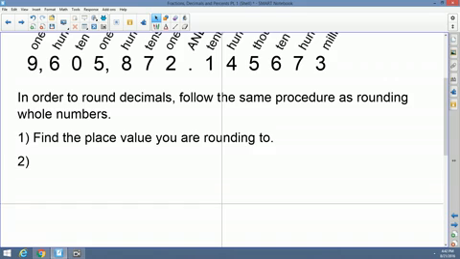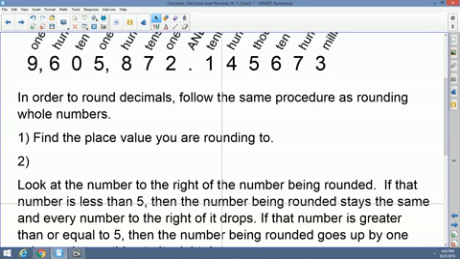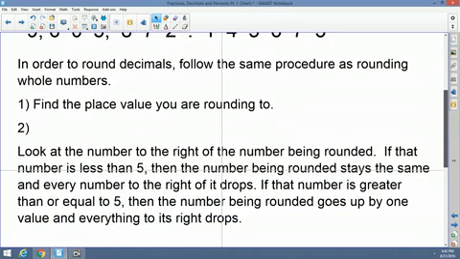Number 1, find the place value you're rounding to. Pretty simple. They're going to tell you, round to the nearest tens, or the nearest hundredths, or the nearest 100,000s, or the nearest 10 millionths. So find the place value you're rounding to. And then number 2, look at the number to the right of the number being rounded.